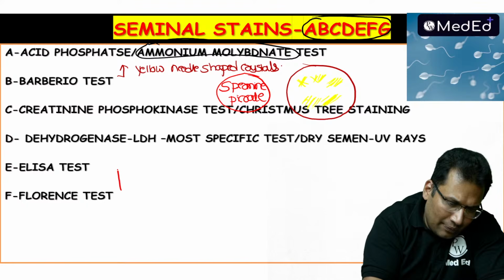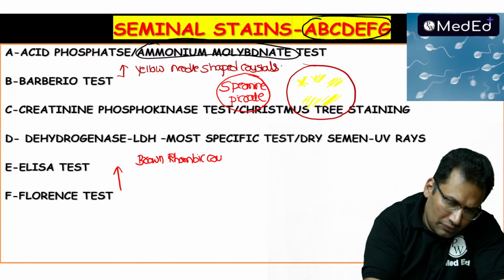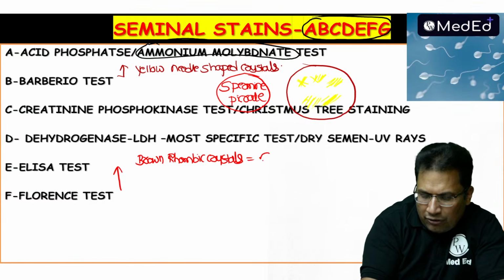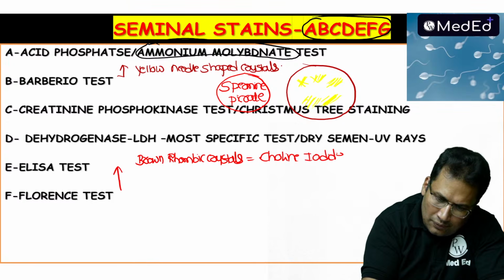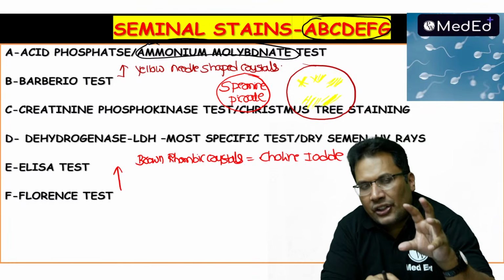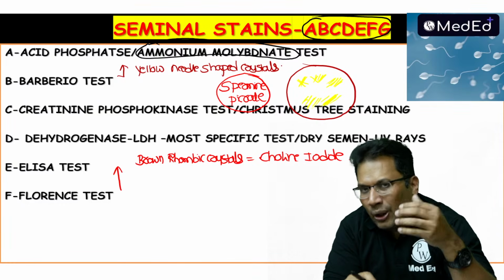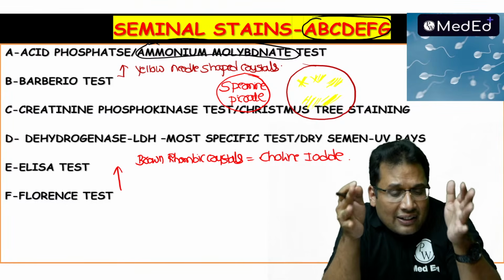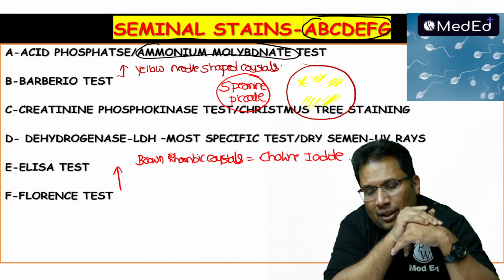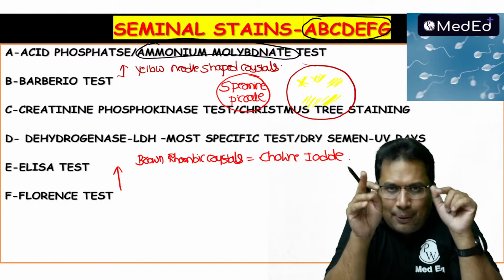Florence is basically the formation of brown rhombic crystals made up of choline iodide. The choline present in the prostatic secretion combines with the potassium iodide, it forms choline iodide that forms brown rhombic crystals. When brown rhombic crystals are there, then it is basically seminal stain. When yellow needle-shaped crystals are there, then it is Barberio test.